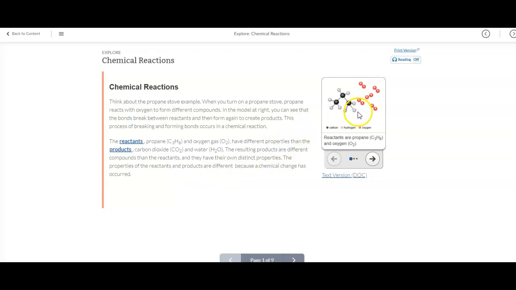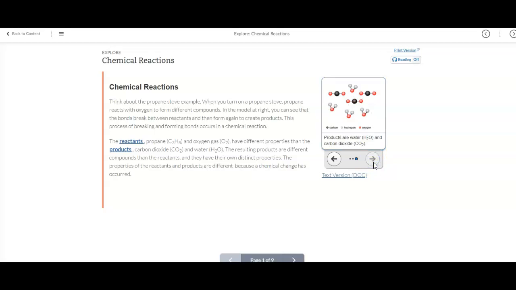So if we're looking at this image here, we have carbon is black, hydrogen is white, oxygen is red. So the reactants, what we're starting with, are propane, C3H8. So you can see the 3 carbons. And then oxygen, we have those 8 oxygen molecules. So that's what we're starting with. The chemical reaction occurs. The bonds break. That means everything's kind of released.